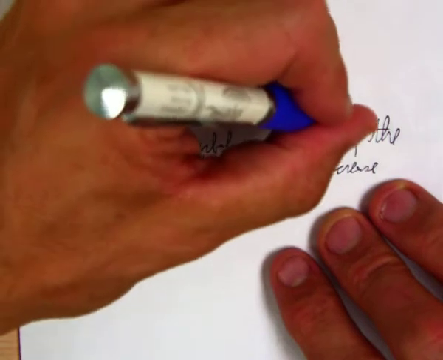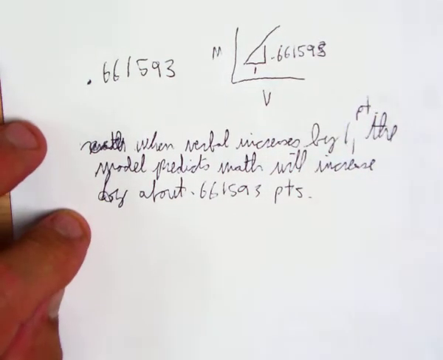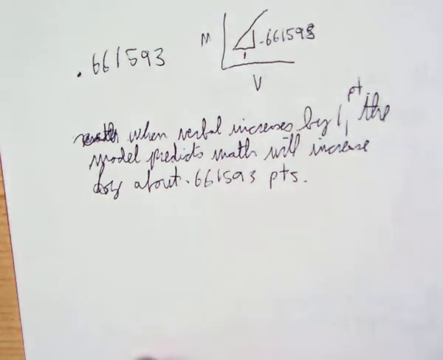Okay, so when the verbal scores increase by 1 point, the math scores will increase by approximately 0.66 points.